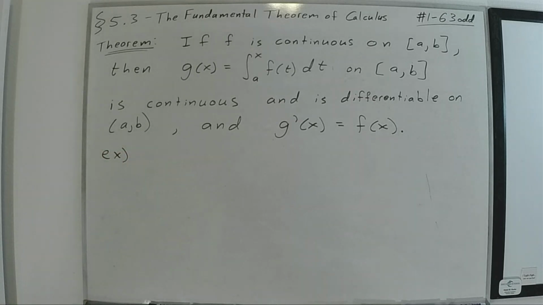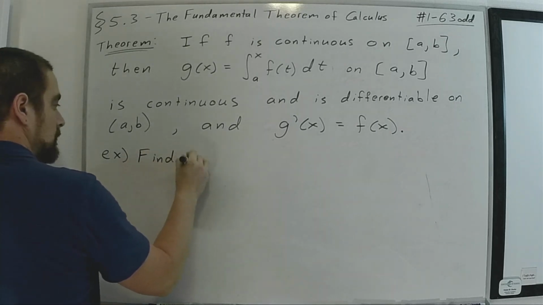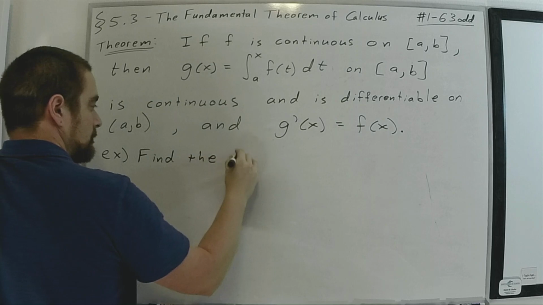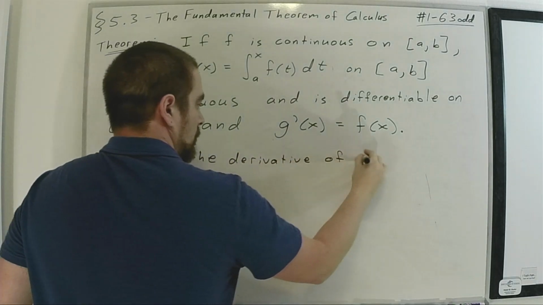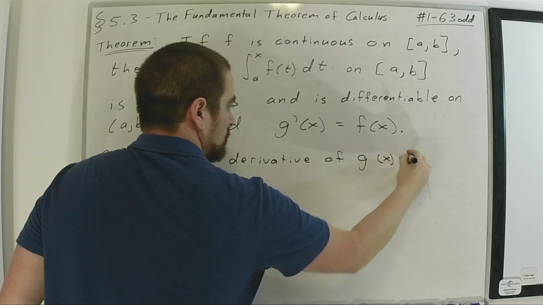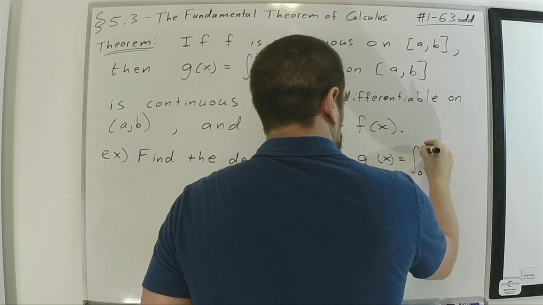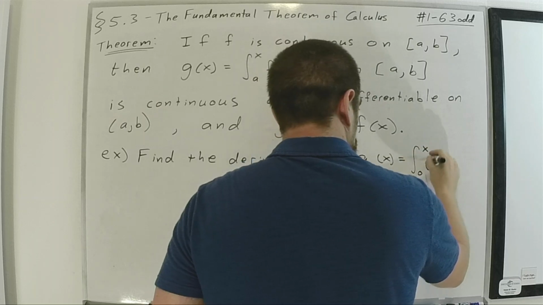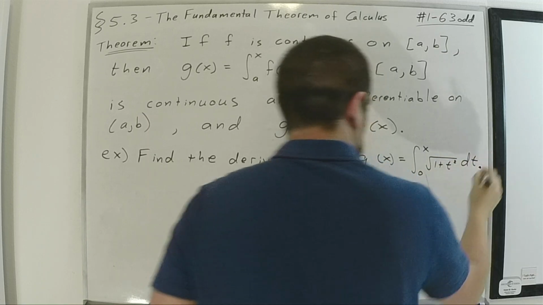Here it is in an example. Let's say we want to find the derivative of g of x is equal to the integral from 0 to x of the square root of 1 plus t squared dt.